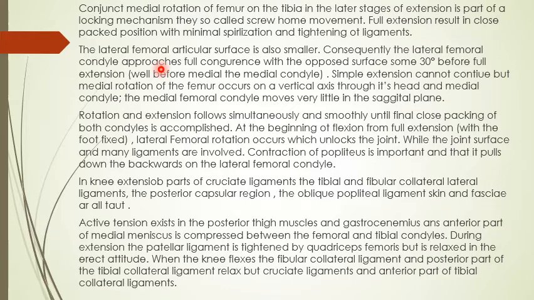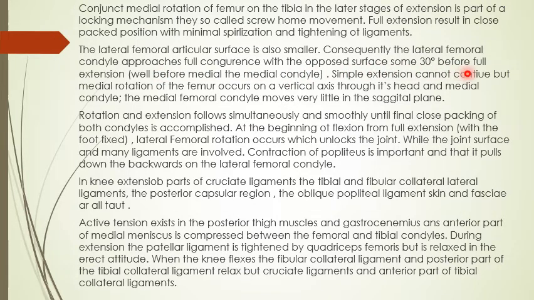Medial rotation of the femur is essential so that it can fit and we can achieve 180 degrees. So when the last 30 degrees of extension is left, the femur undergoes medial rotation, which is conjunct medial rotation around the axis of the taut anterior cruciate, and these two condyles fit together and 180 degree extension is achieved.